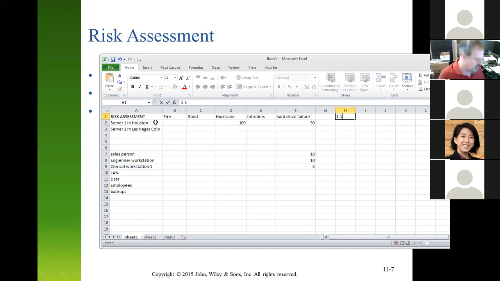Hurricanes don't happen very often, but when they do happen around here, they're pretty darn bad. So we need to make sure that, and we're not putting any controls in this. All that this is doing is looking at two things: assets and potential threats against those assets, fires and floods.